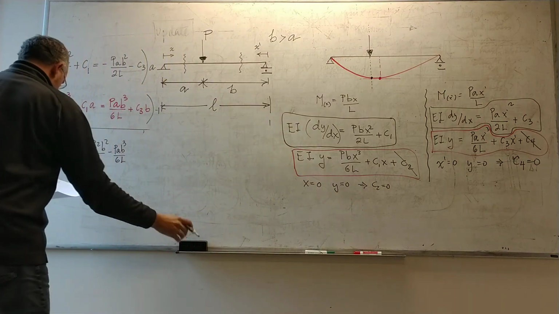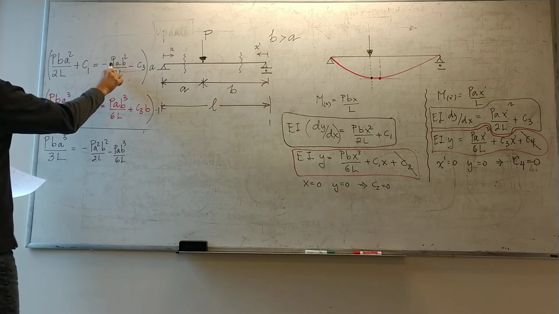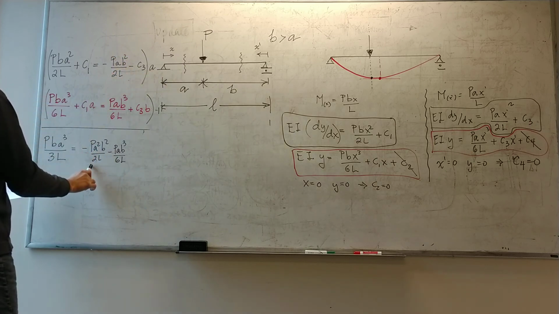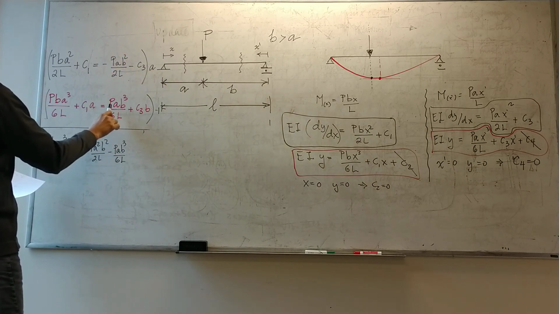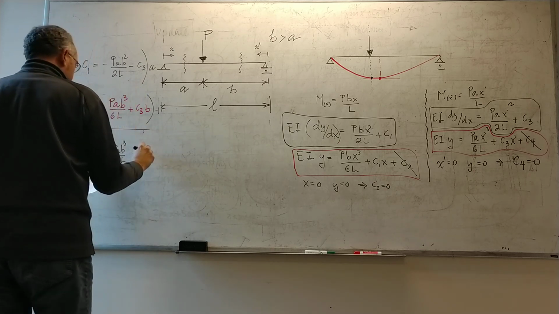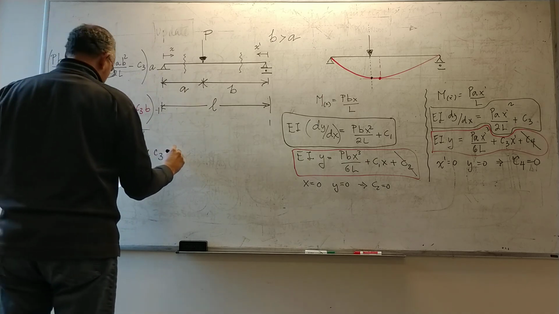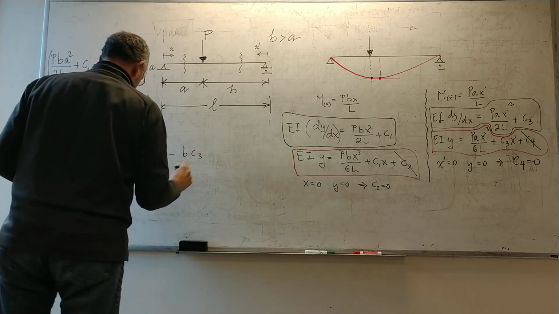So again, that's this P A square B square over 2L negative, minus P A B cubed over 6L, minus A times C3, minus B times C3.